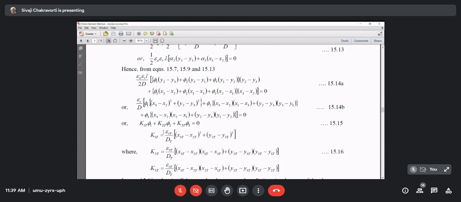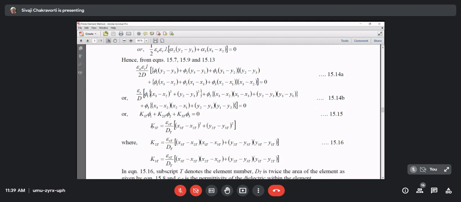But we are not eliminating epsilon r, although for one particular element epsilon r is constant, since this is a material property. Then D is straight away related to the element because it's 2 times the area of the triangle, so we are keeping it in the equation.